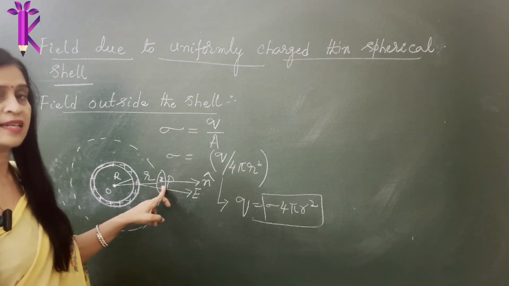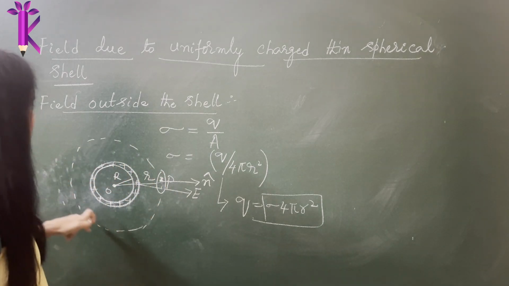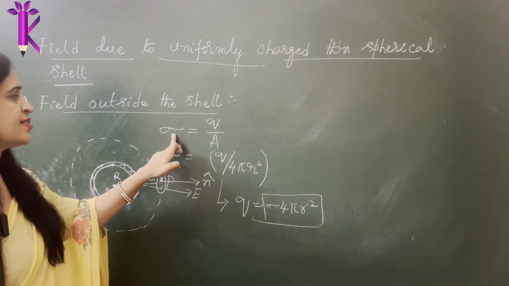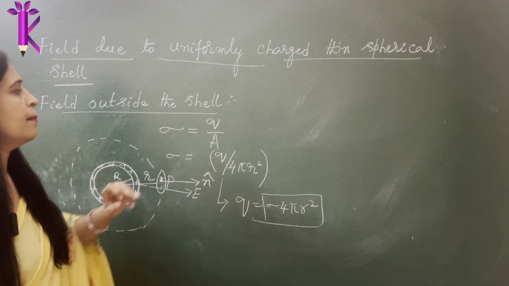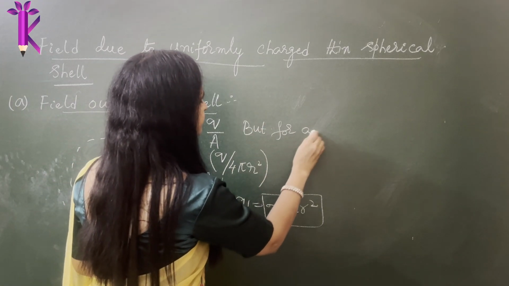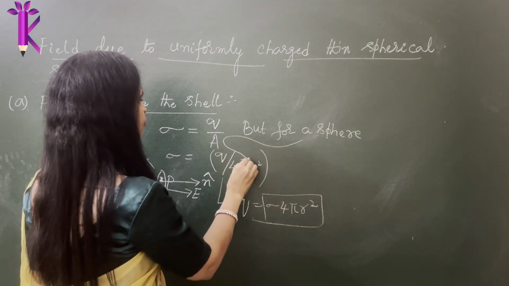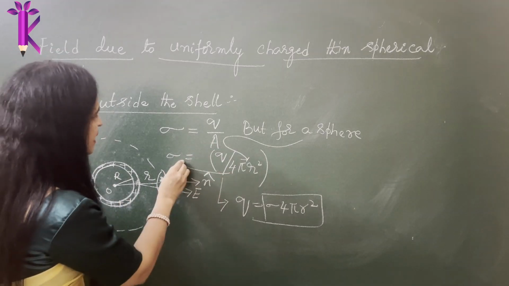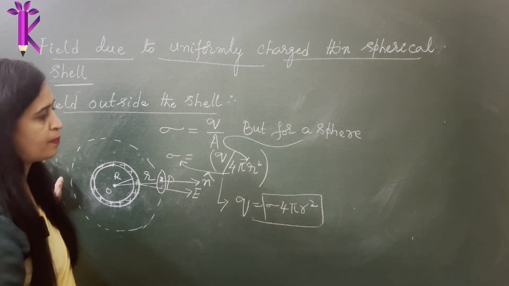To calculate the electric field, let us consider a point P on an imaginary spherical Gaussian surface with radius r of surface charge density sigma, which is given by Q divided by A. But for a sphere, what is the area? The area is given by 4 pi r square. So replace area by 4 pi r square. Now cross multiply this here, so the charge enclosed will become sigma into 4 pi r square.